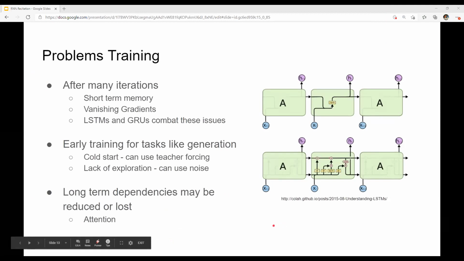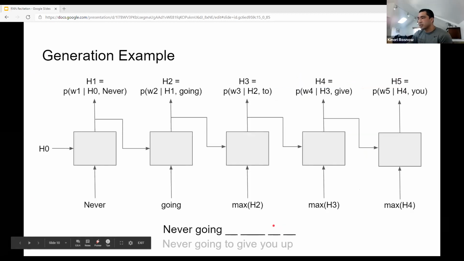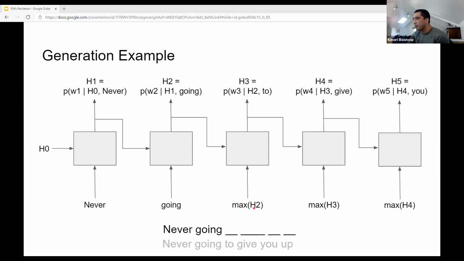Let me just go back really quick to this. You see how this is the max of the probability distribution from the previous output. If you do this, let's say when you first start out, this H2 is a random distribution. The probability of getting the correct word here might be very low, and it might not actually choose it first.